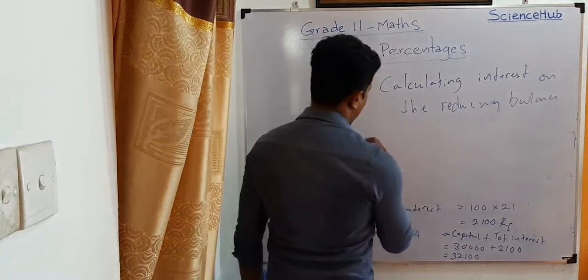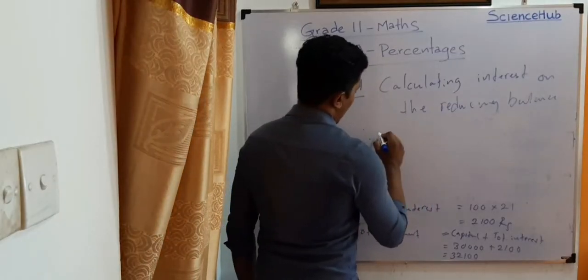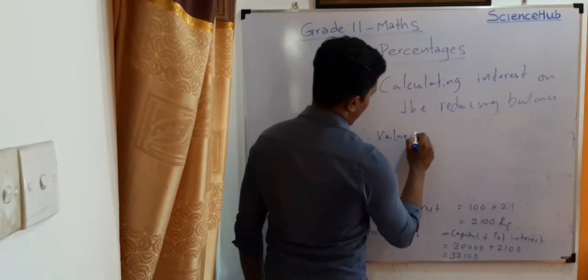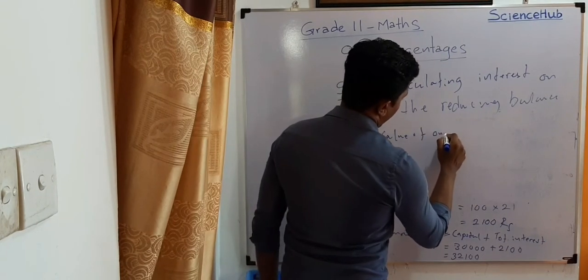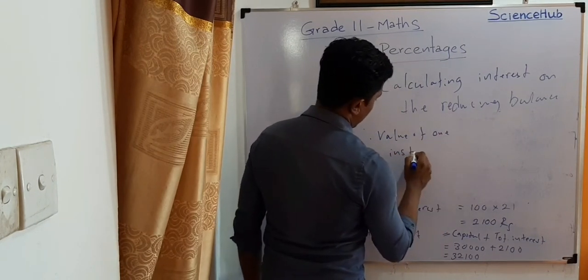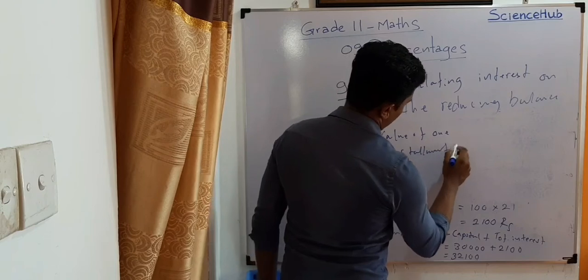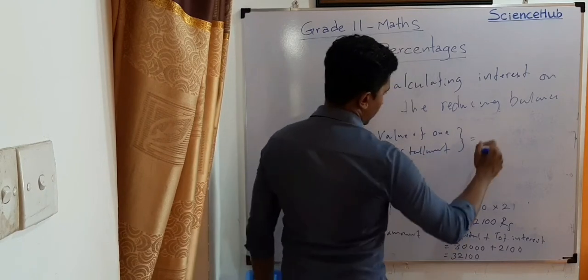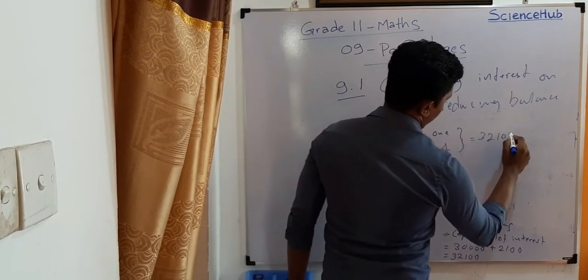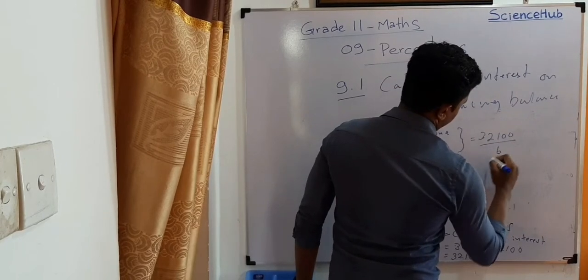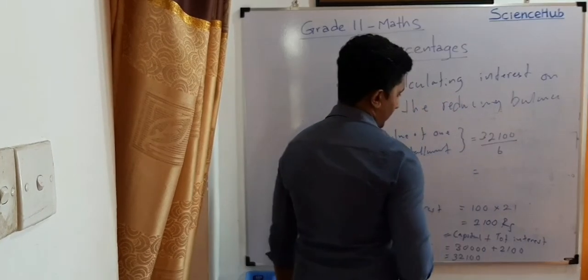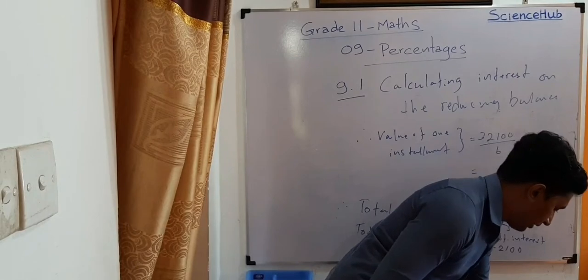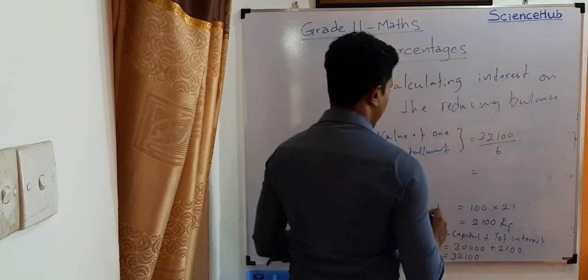Therefore the value of one installment is 32,100 over 6, which equals 5,350.